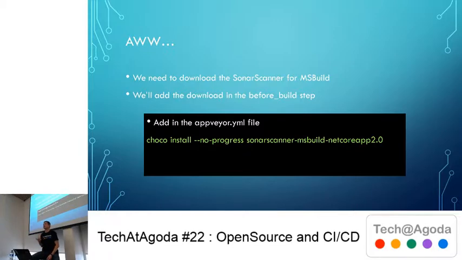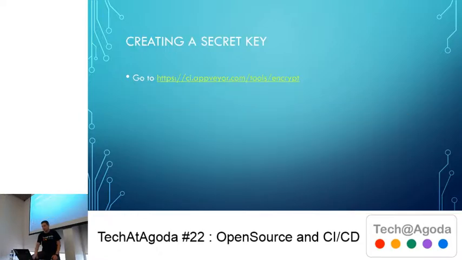We need to register the MSBuild with the scanner from SonarQube. It will add some configuration changes to your build parameters, run the build and then analyze the code. So this is what we can add to the AppLayer config to do the installation with Chocolate. And then we go to the encryption.